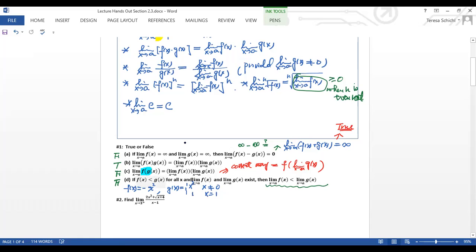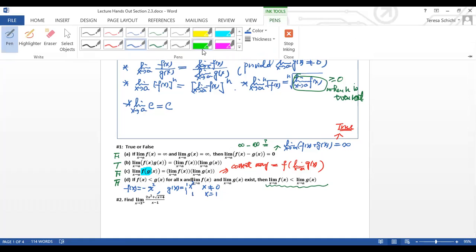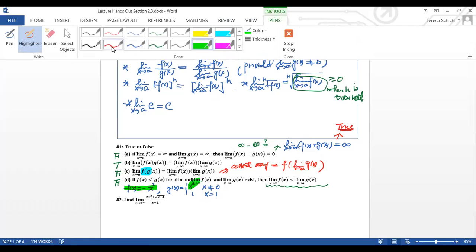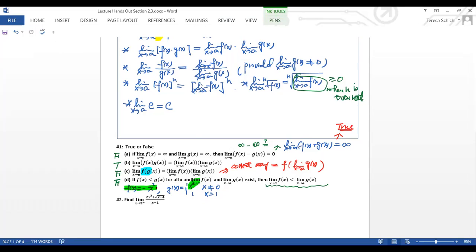So if you compare these two functions, f(x) is negative x squared, and g(x) is x squared when x is not equal to 0, and 1 when x is equal to 0. For these functions, f(x) is always negative, because it's negative x squared. So I know this condition satisfies f(x) is less than g(x).